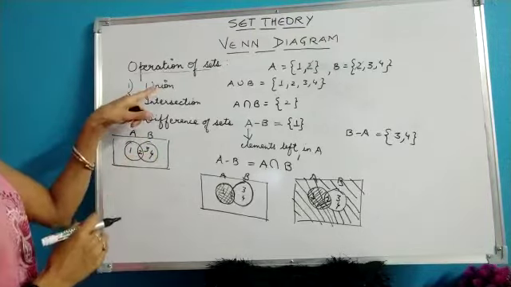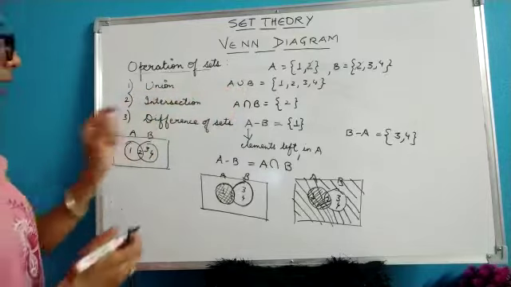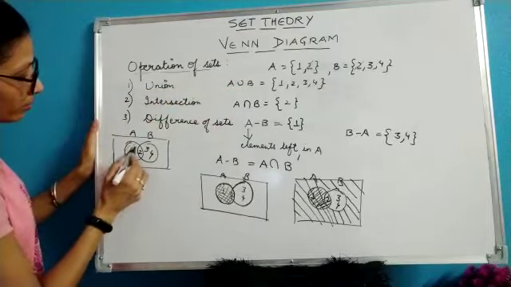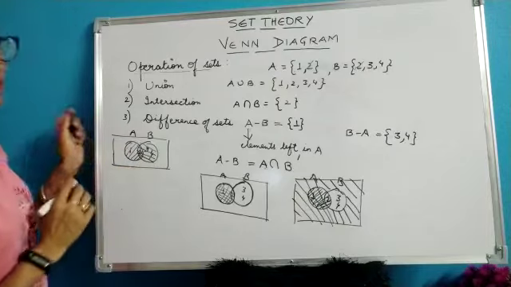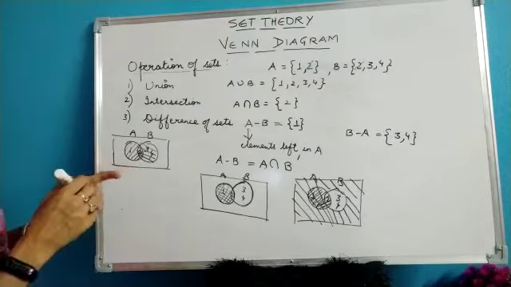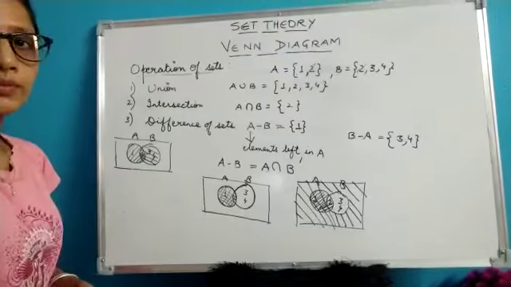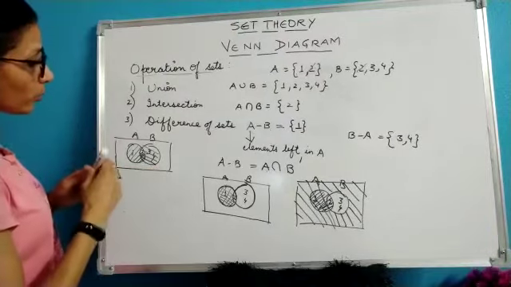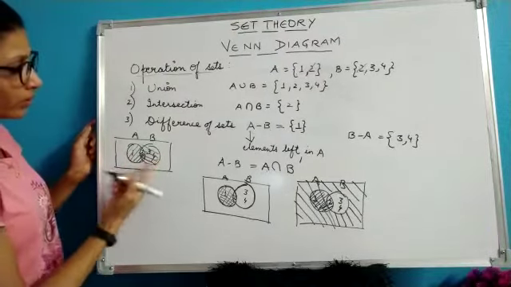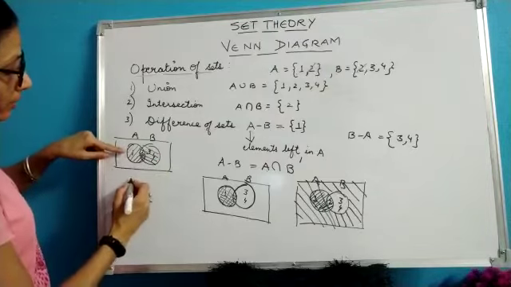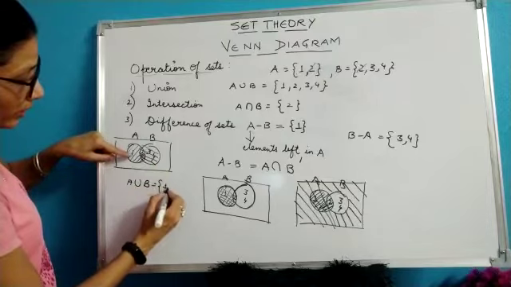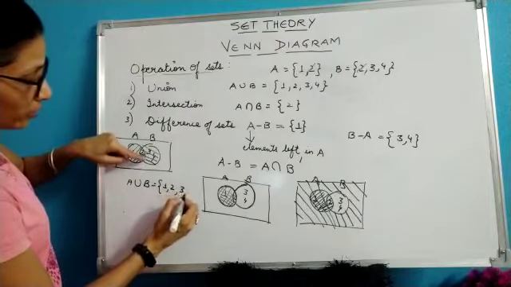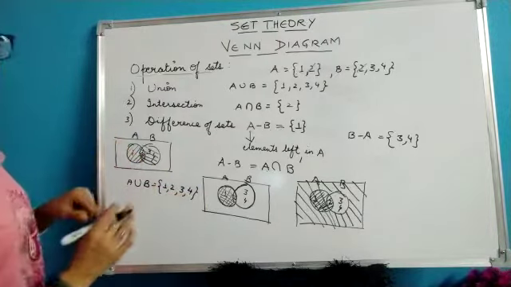A union B means all the elements of A and all the elements of B. So here you have to shade all the parts of your sets. If I am writing A union B, then your shaded part is 1, of course 2 and 3 and 4. So this is A union B.